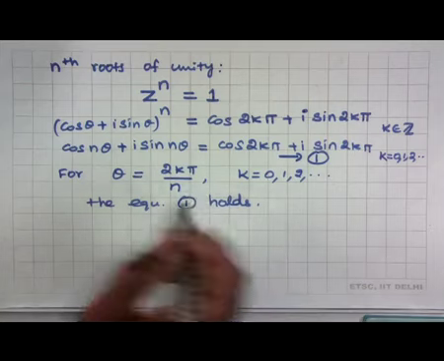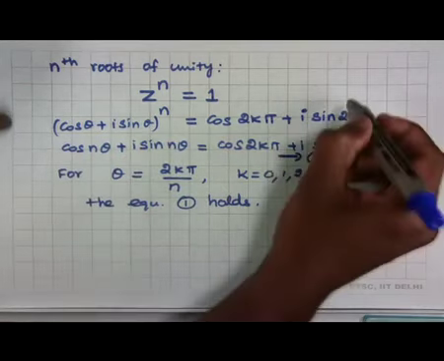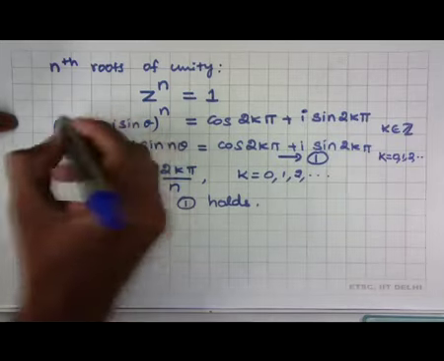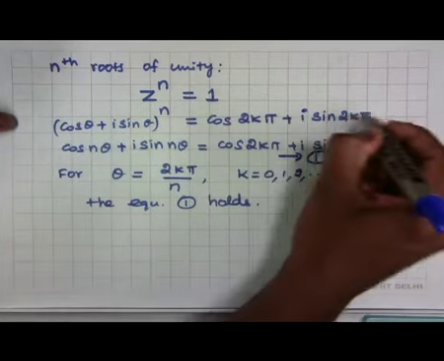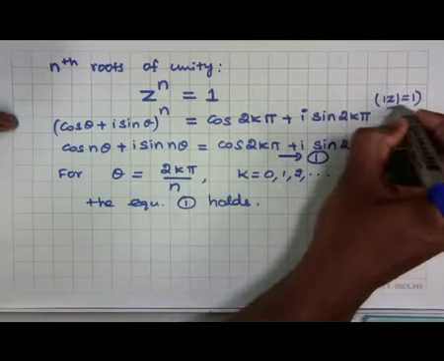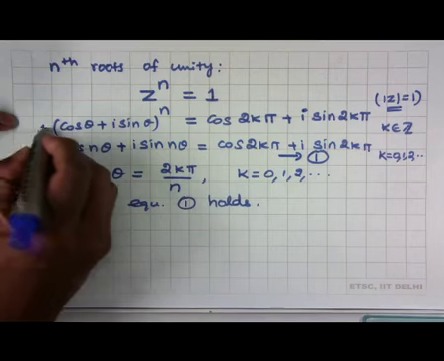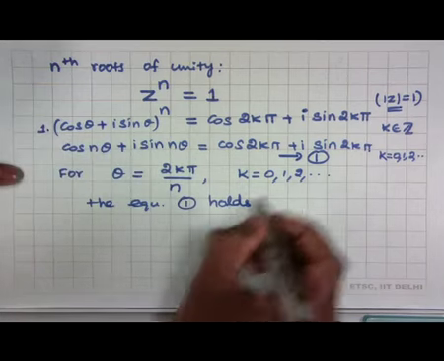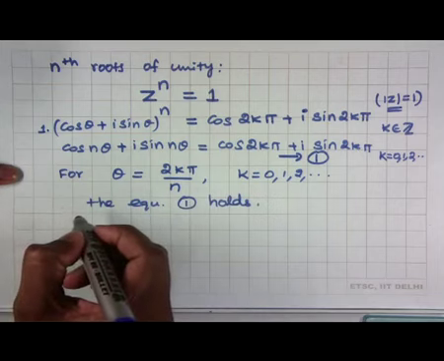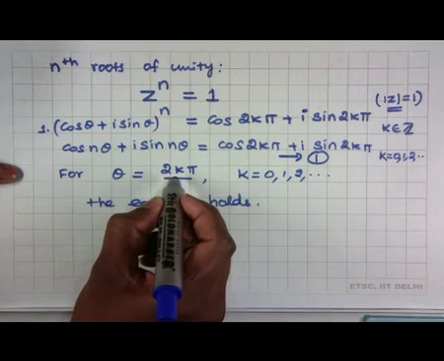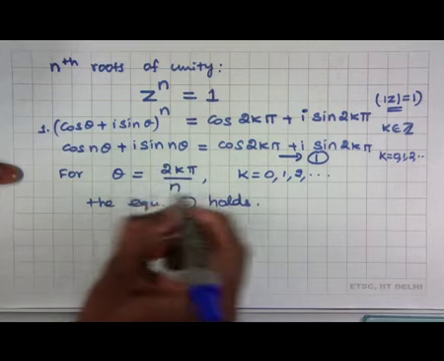Here I would like to mention that I use the observation that mod z must be 1. In this equation we used mod z equal to 1, that is why we did not write this fact. Now, our interest is to find the distinct theta values from this particular argument.